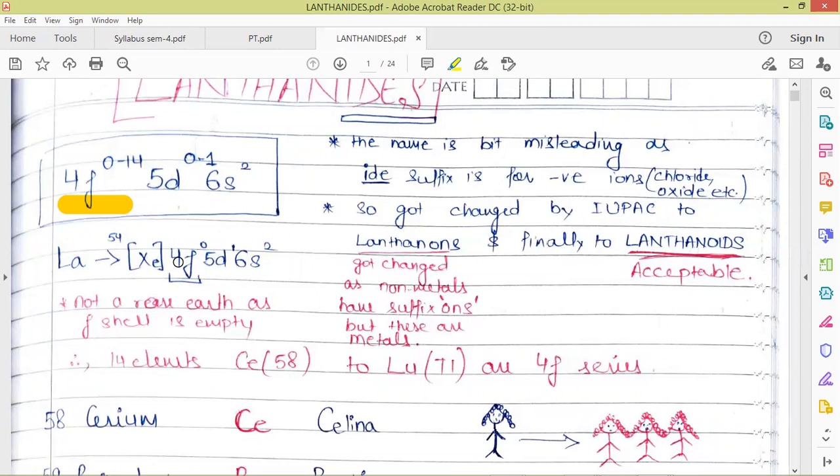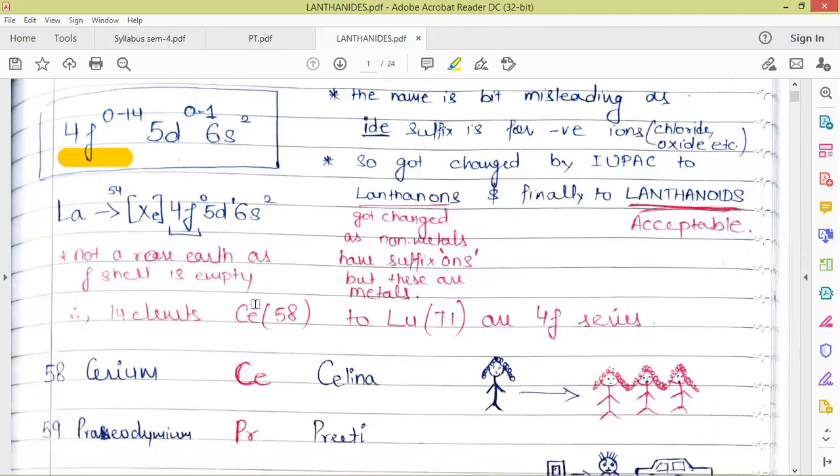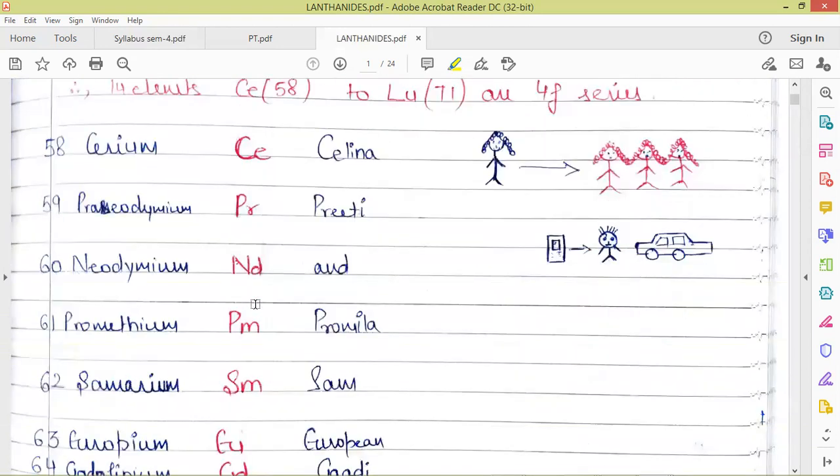So here the 4f subshell is empty. Lanthanides are the elements where there is an electron in the 4f subshell, and here it is empty, so it is not a part of lanthanides. It is not a rare earth as the F shell is empty. So these are the 14 elements which come after lanthanum.